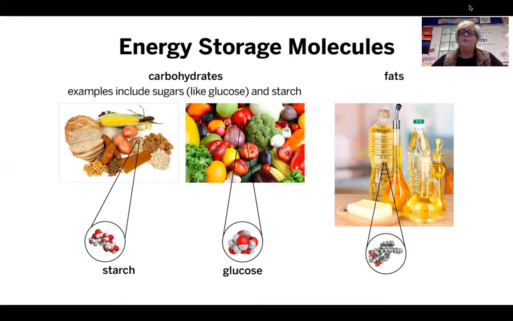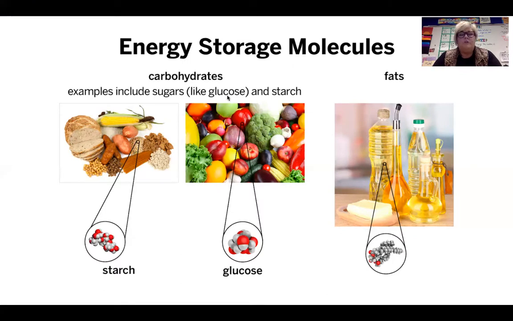But real quick, energy storage molecules, we talked about sugars, glucose, starch, and fat, but I wanted to show you this word right here. I'm sure you're familiar with this word, carbohydrates or carbs. So carbohydrates include sugars like glucose and starch, and you can find these in these types of food.